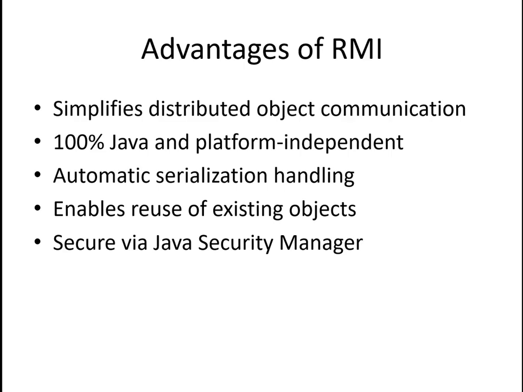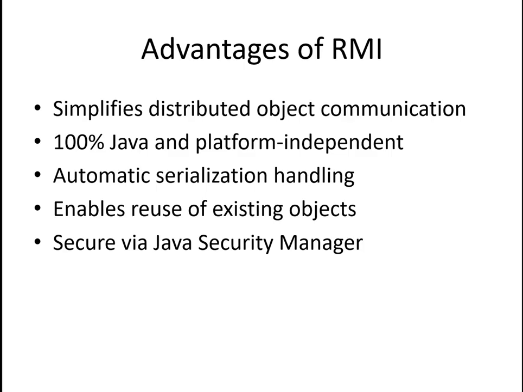Let's end up with the advantages and as well as the limitations. Now, let's see what are all the good things about RMI. It's 100% Java, and it's easy to use compared to socket programming. It automatically handles object transfer and communication and everything, so you need not worry about that, right? And moreover, it's platform independent, because as I mentioned before, it was completely developed in Java, so the same feature of Java has been replicated in RMI also.